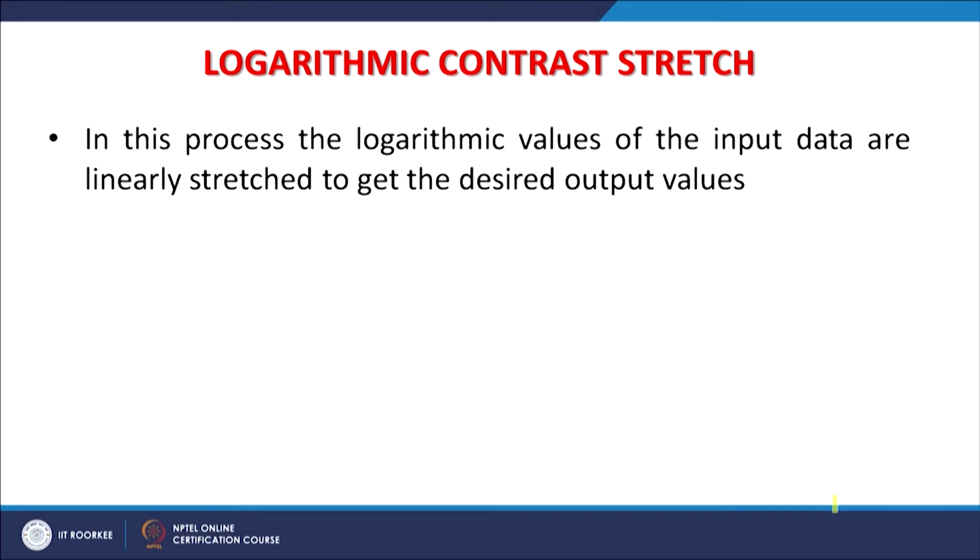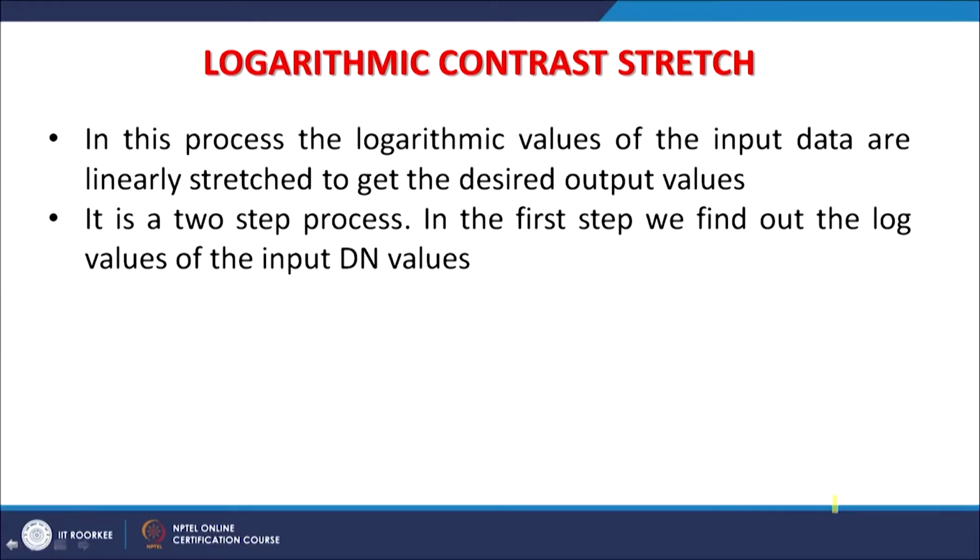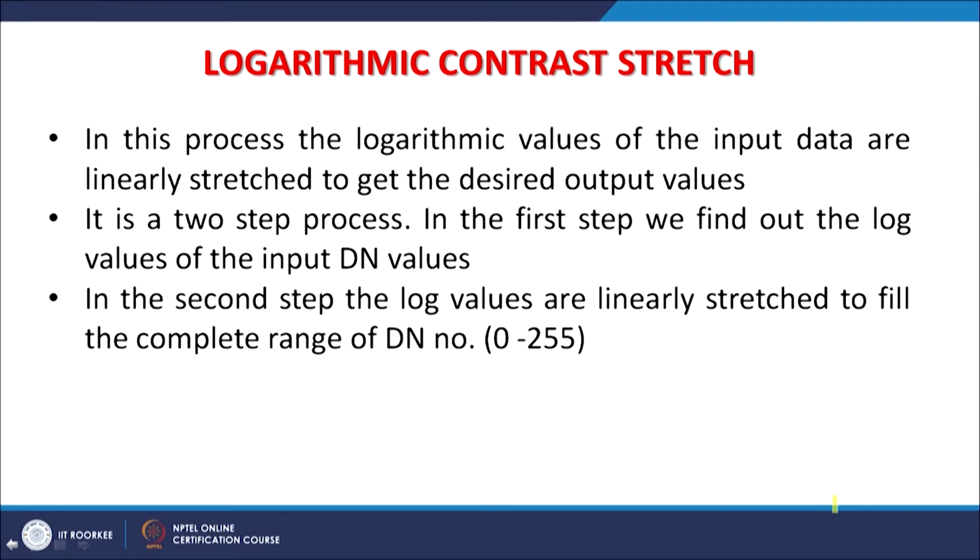In this process, the logarithmic values of input data are linearly stretched to get the desired output values. It is a two-step process basically. In the first step, we find out the log values of the input DN values or pixel values, and then in the second step, the log values are linearly stretched to fill the complete range which is available to us, between 0 and 255.